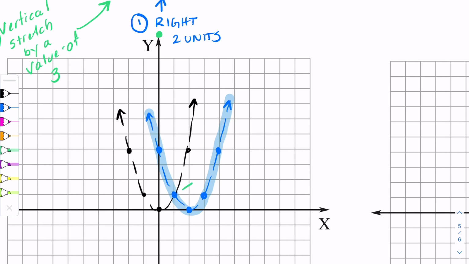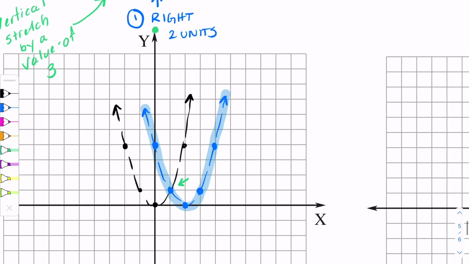This point has a y coordinate of 1. 1 times 3 is 3. Here we have a y coordinate of 0, which will remain in the same location. This point has a y coordinate of 1 times 3 is 3. And right here we have a y coordinate of 4 times 3 is 12. Your x values do not change. Make sure those remain in the same location.